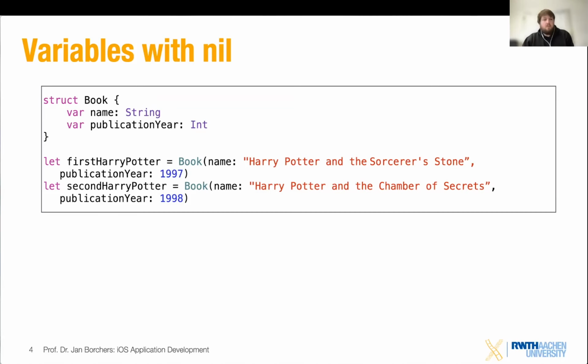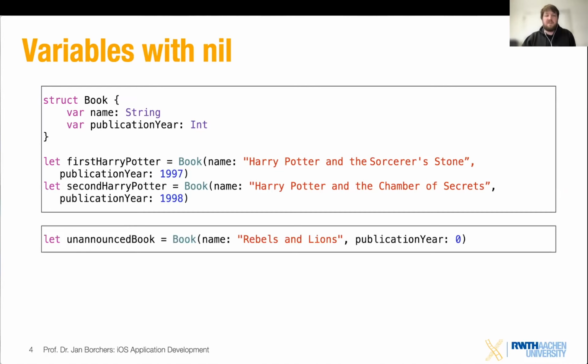One way that is often used is to have some number there that doesn't really make sense or isn't used anywhere else, isn't logical, and use that to determine something. So here we have an unannounced book.